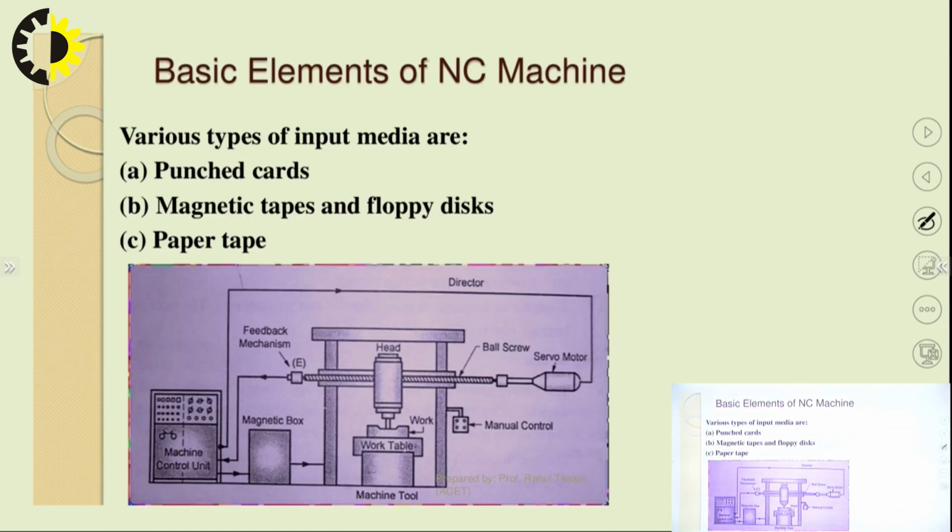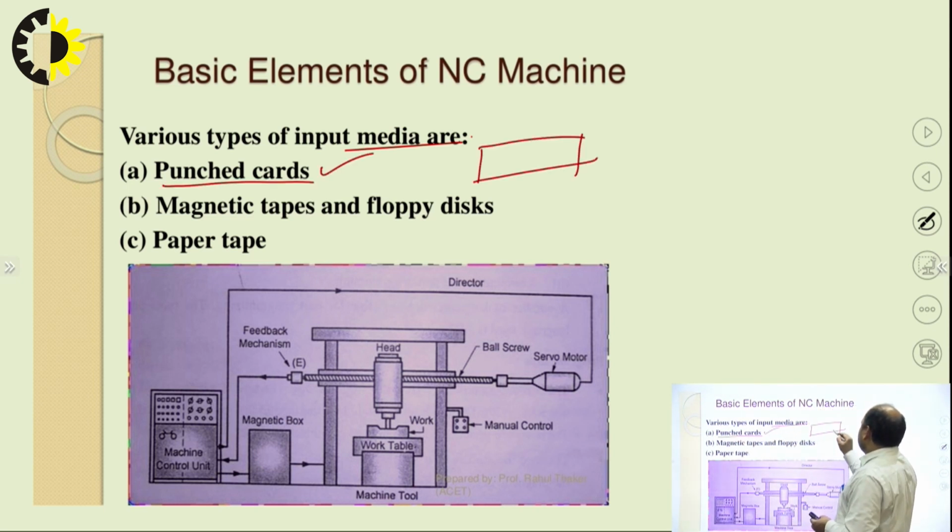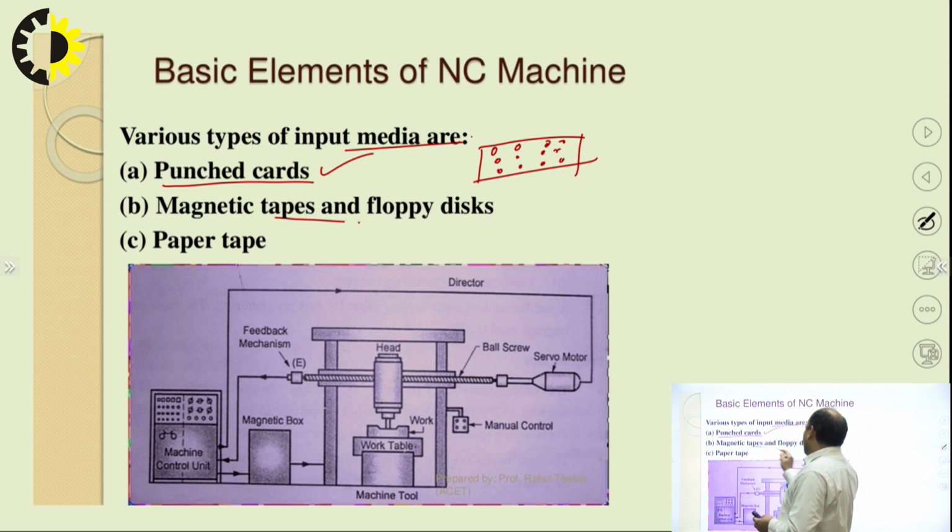So here, talking about various input media for part programming, the first one is the punch card. In a punch card various holes are made, and accordingly these holes are decoded by the machine control unit. After that come magnetic tapes and floppy disks.